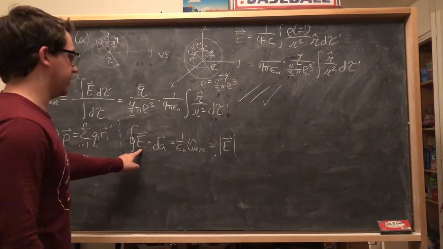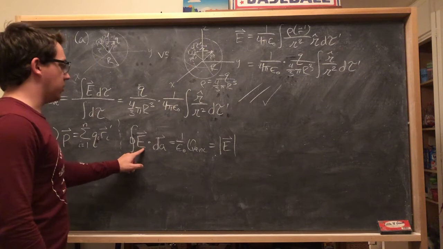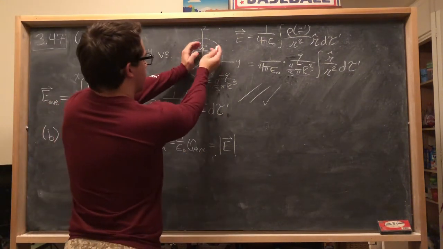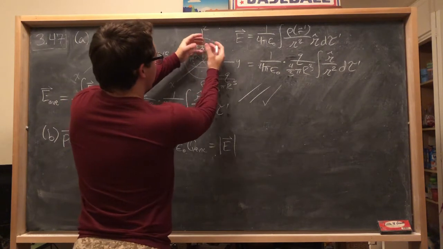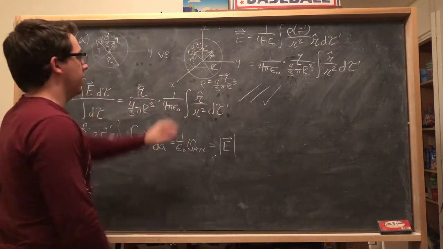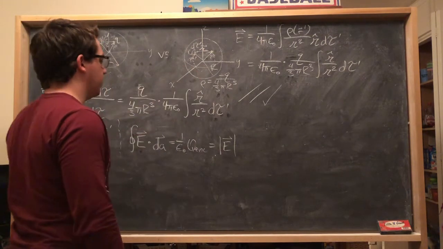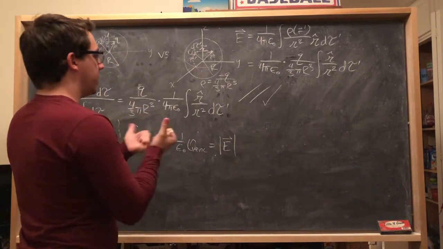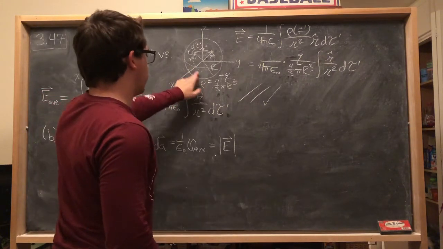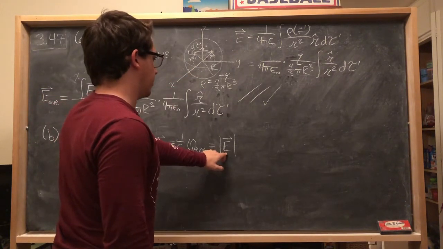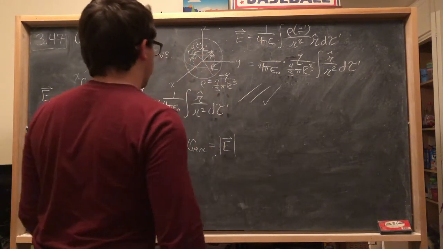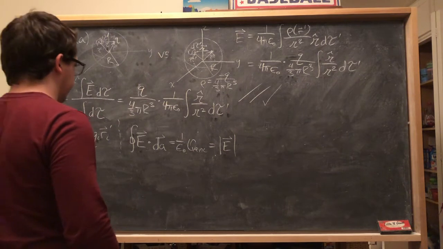One is because we can see that it should be collinear to our element of area over the surface of our Gaussian surface, this spherical shell that we've placed within the larger volume. They both should be pointing radially outward everywhere. And likewise, we expect that at a given radius, our electric field should be constant in its magnitude just based on the symmetry of the charge distribution.